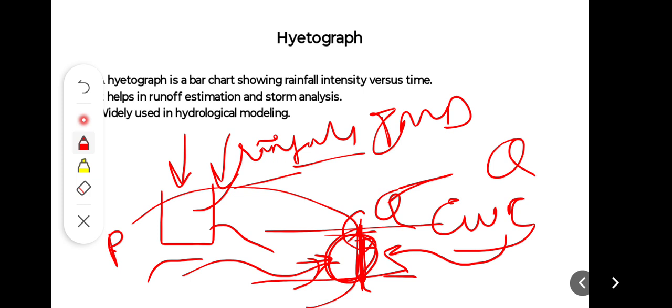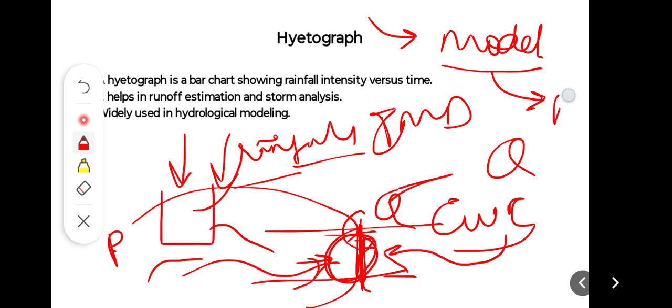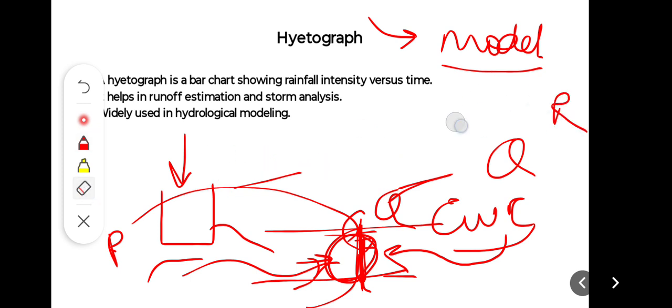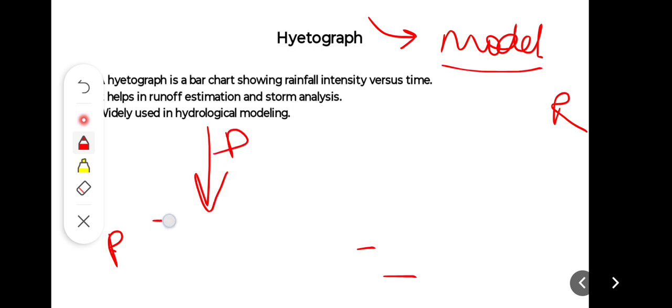But the model cannot directly give you runoff from P, because when P takes place on the ground, first some evaporation and transpiration will take place.